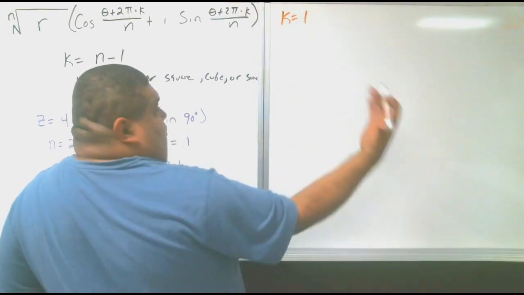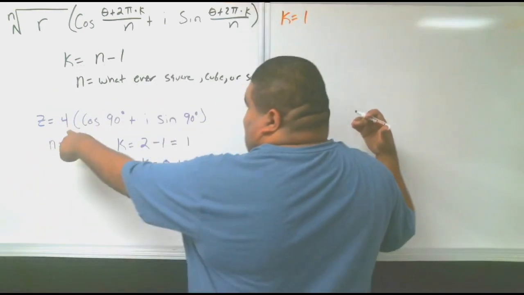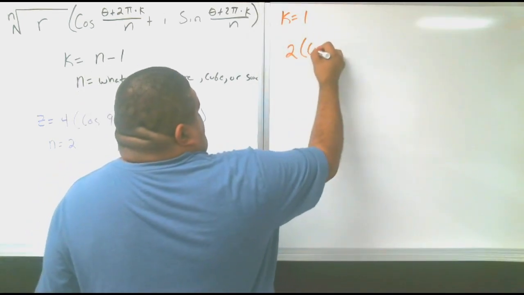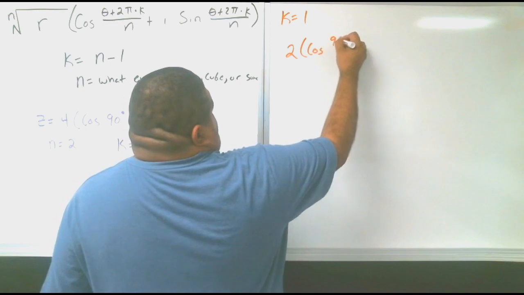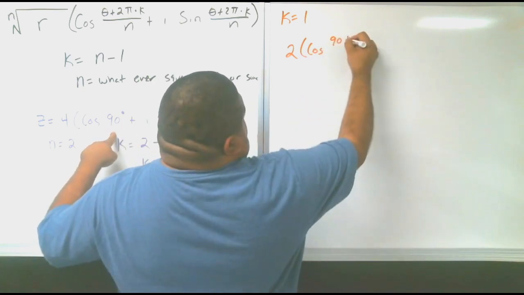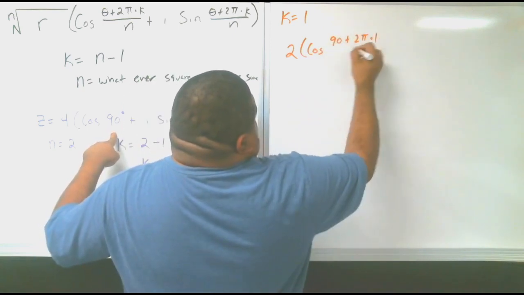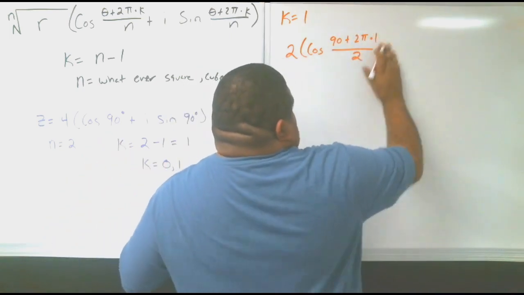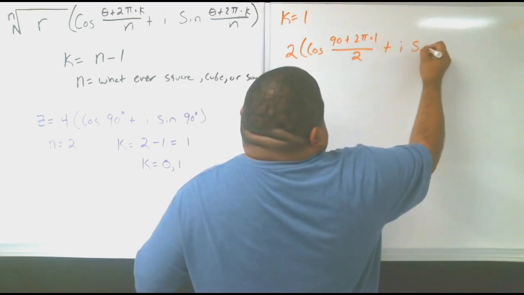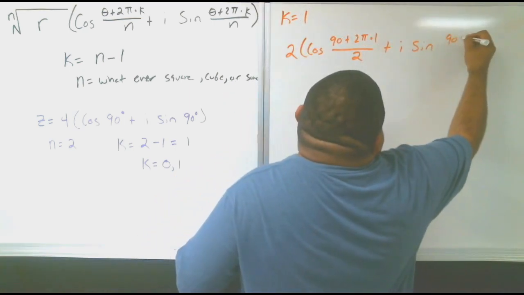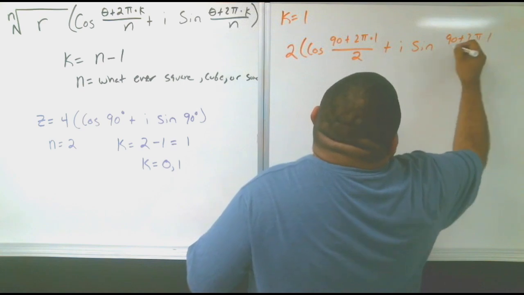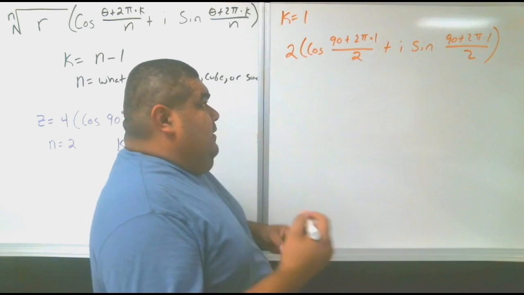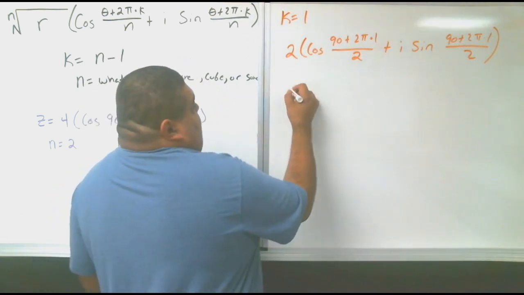So again, since we already know the square root of 4 is 2, I'm going to skip a step here. 2 cosine of 90, which is the original, plus 2 pi times 1 over 2, plus i sine of 90 plus 2 pi times 1 over 2. Again, we keep the 2 on the outside.